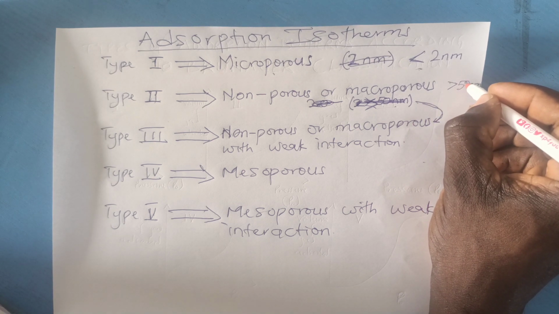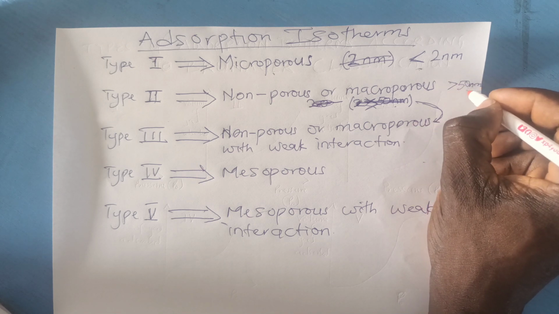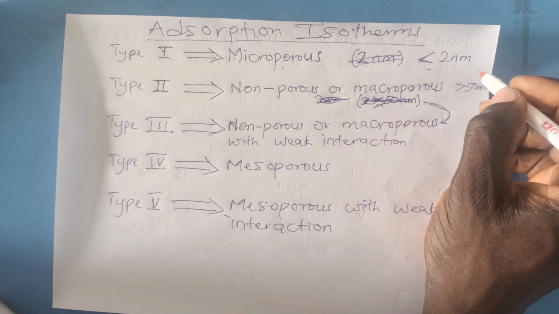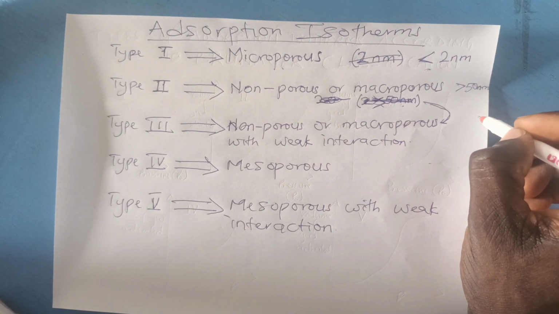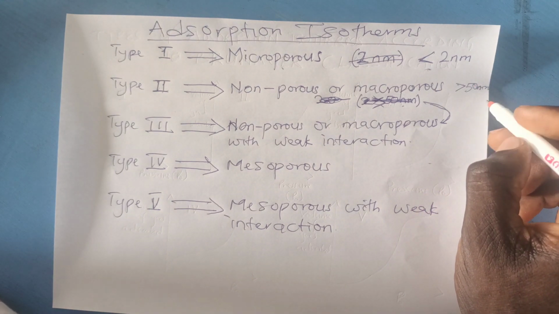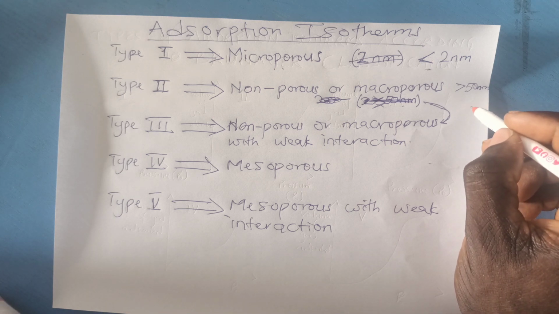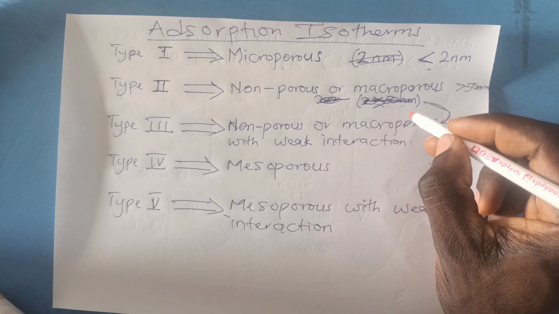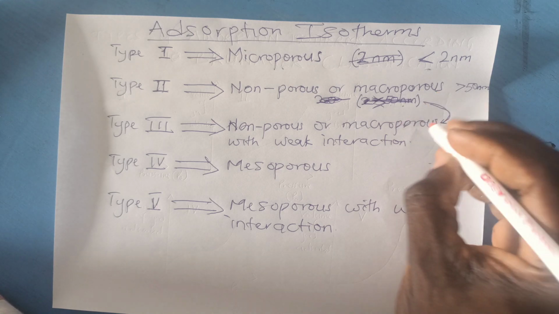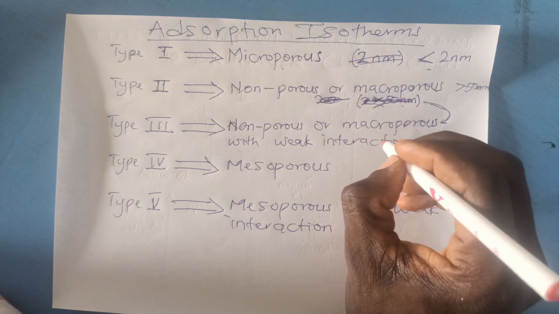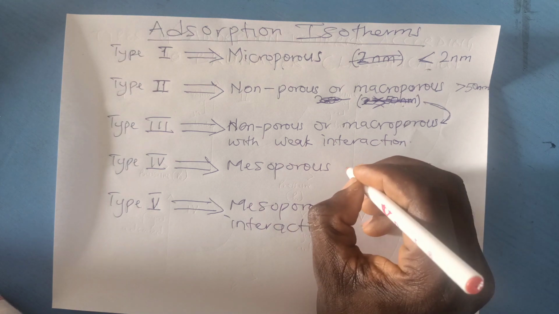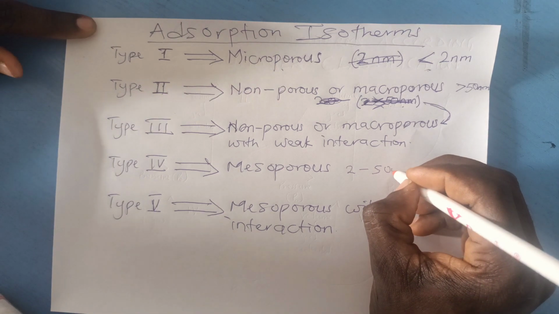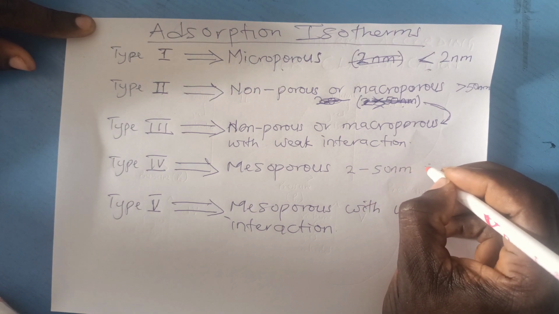When the pore size is greater than 50 nanometer, you will be having a macroporous adsorbent. But where the pore size is between 2 and 50 nanometer, you will be having a mesoporous adsorbent.